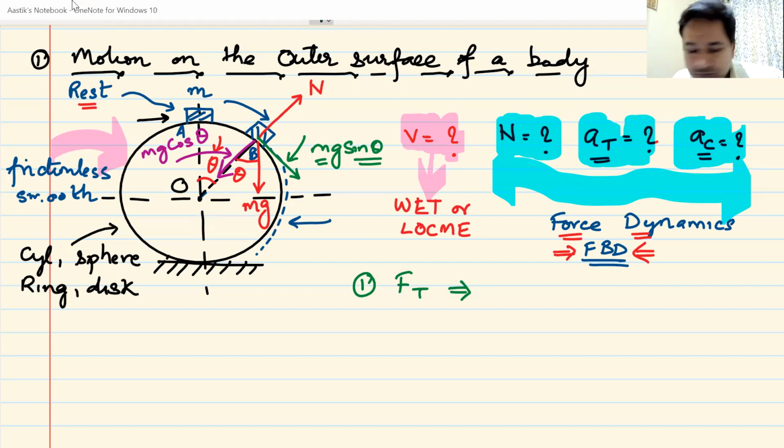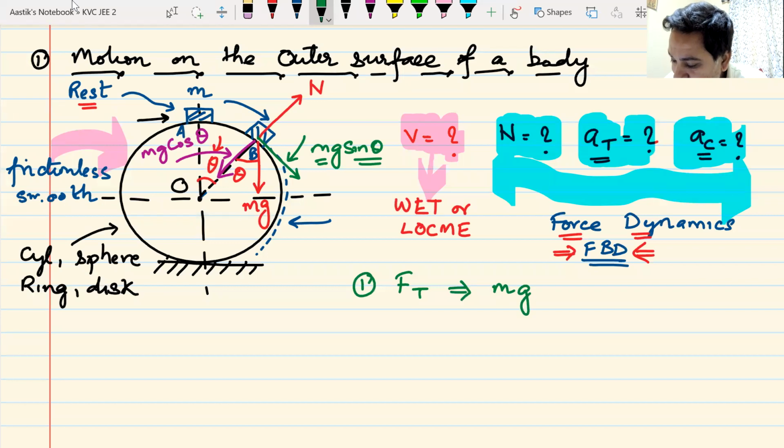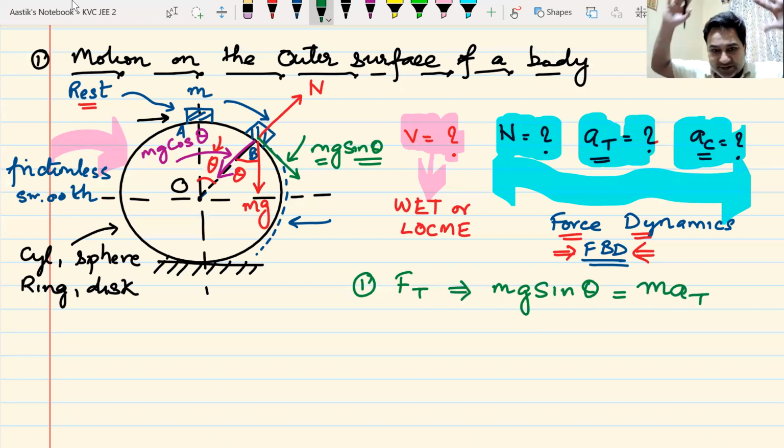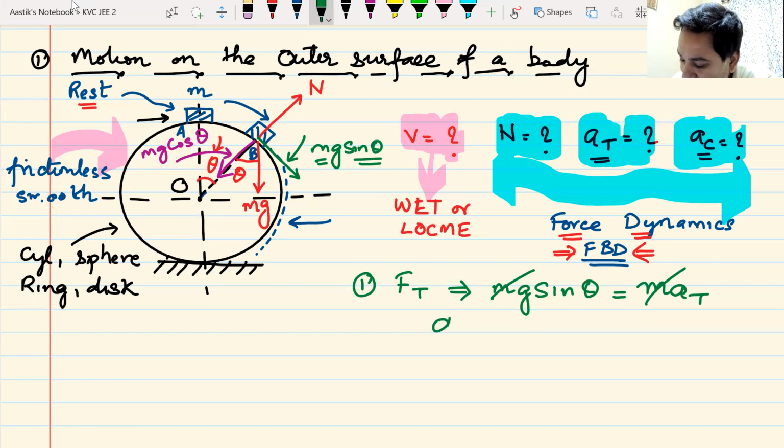Yes, it is mg sine theta. And that must be equal to Ft, and Ft is always equal to m into At. Do we understand this? Yes, well done. Then I cancel m.